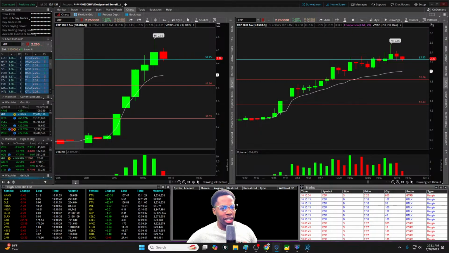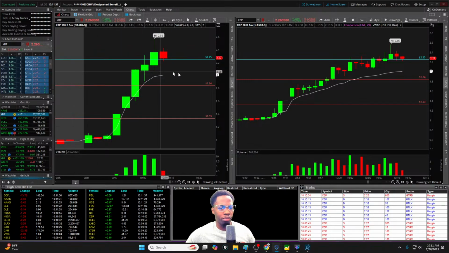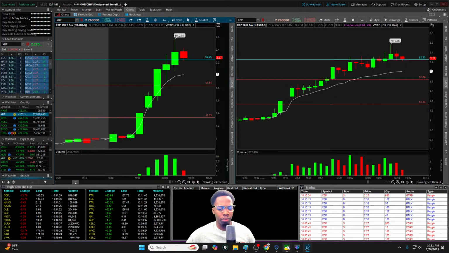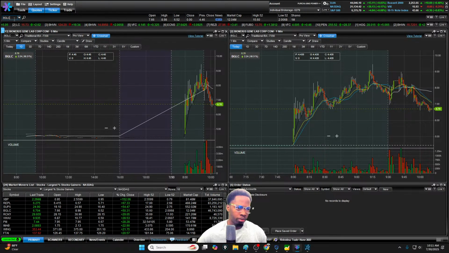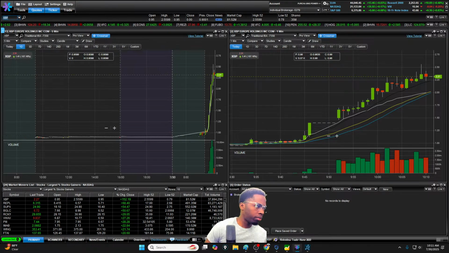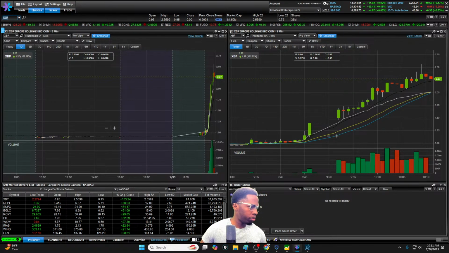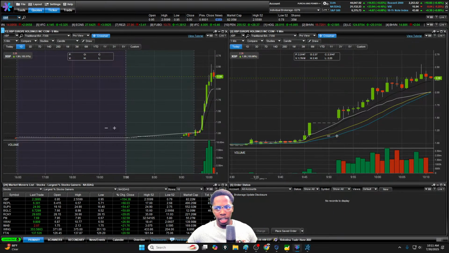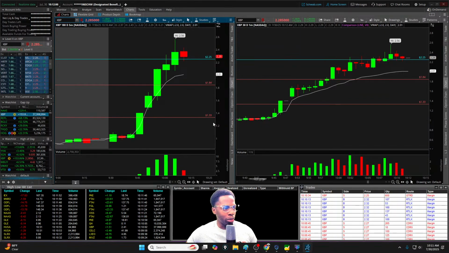Our current 5-minute candle's red. I got 225 as a daily level from way back.